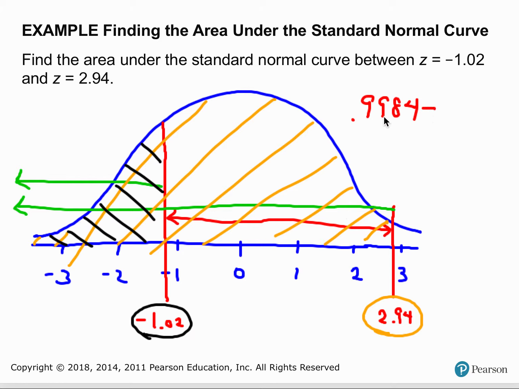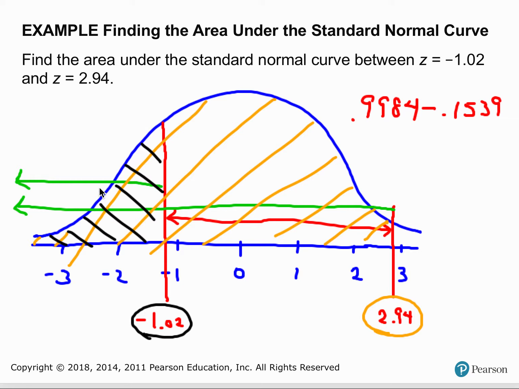So I'm going to take off, now I'm going to look at negative 1.02, negative 1.0 and 0.02, 0.1539. So that's this area I've marked in black.